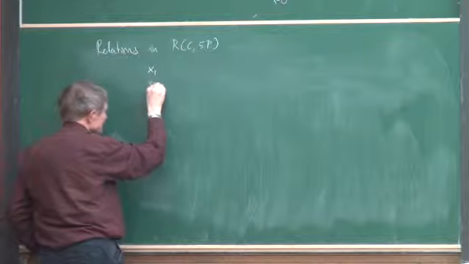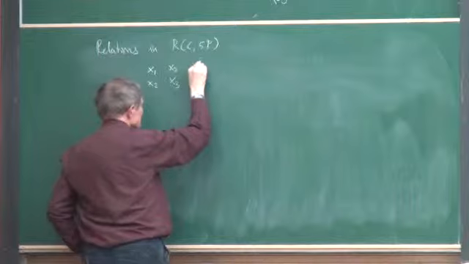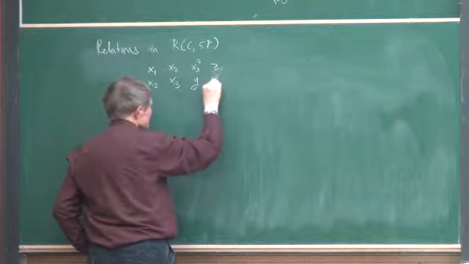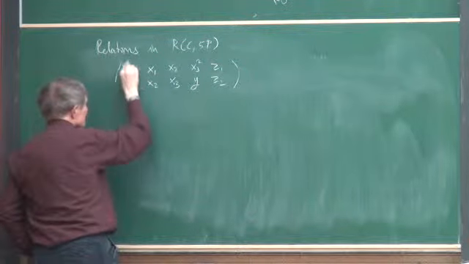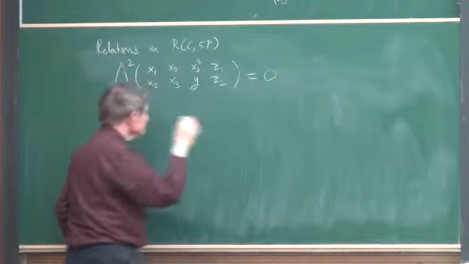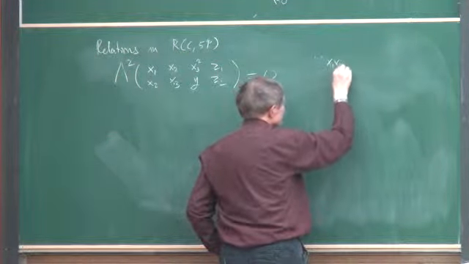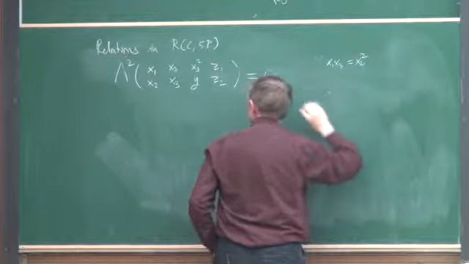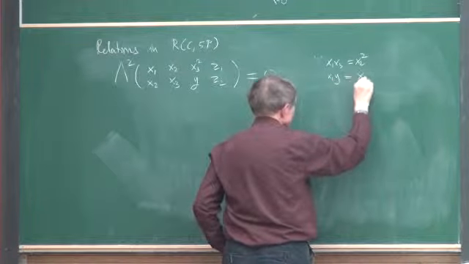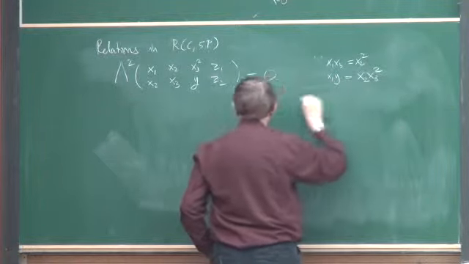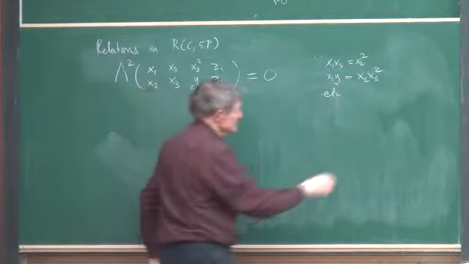I'm going to write down x1, x2, x2, x3, x3 squared, y, z1, z2, and I'm going to write wedge 2 of this equals 0. What this means is x1x3 equals x2 squared, and x1y equals x2x3 squared, and etc. So there are six relations.